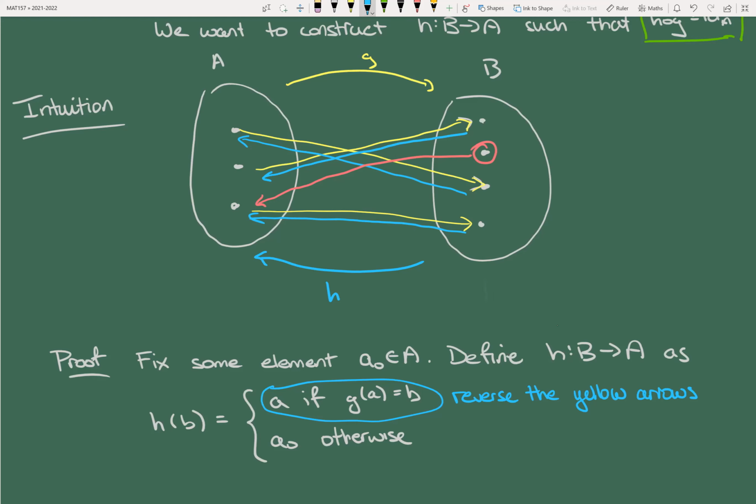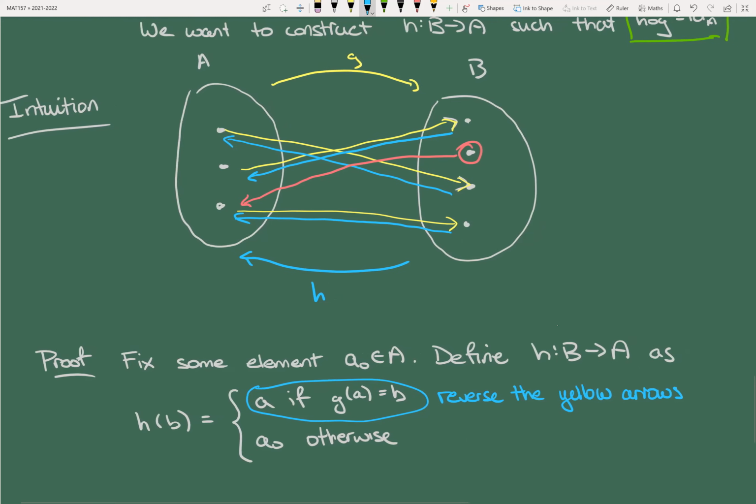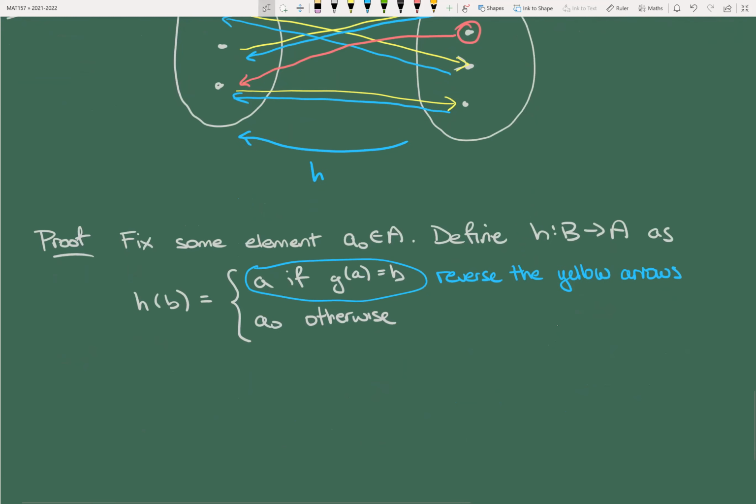So you need to check, I'm going to leave this for you. Why is this not scrolling? Okay, so check that H is well defined, right? That it actually defines a function. Exactly, Chloe. So you're right. We want to show that this is well defined, that it's actually a function.